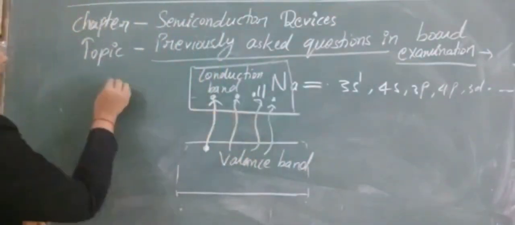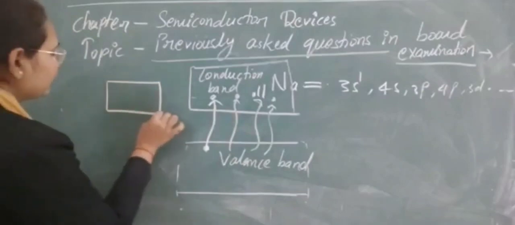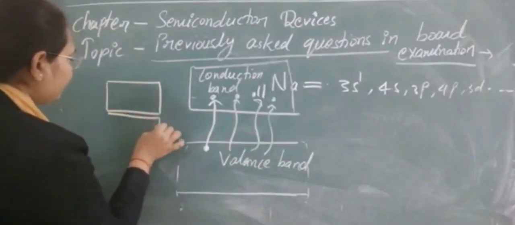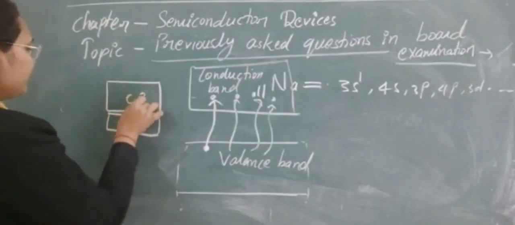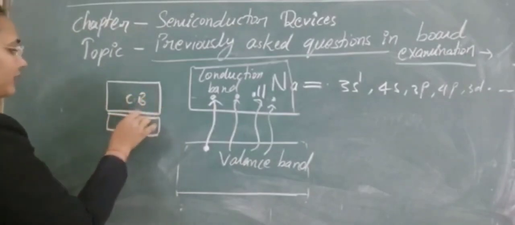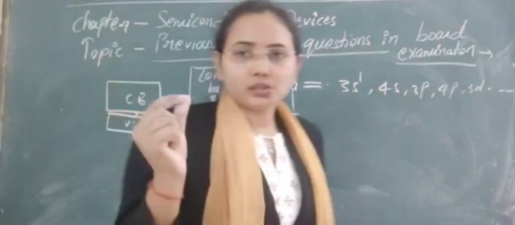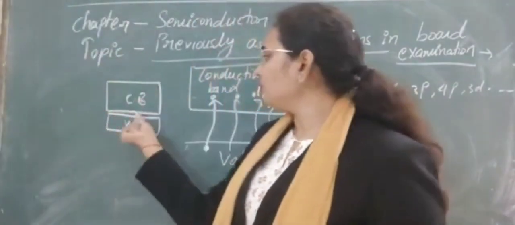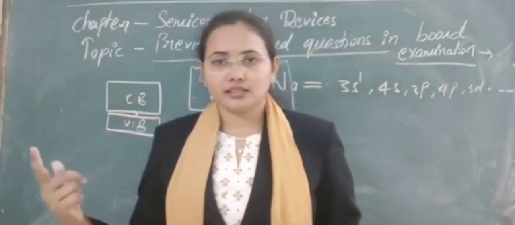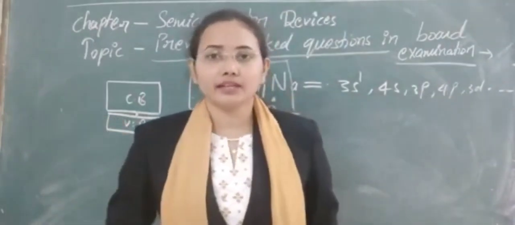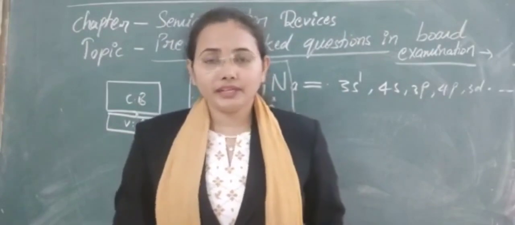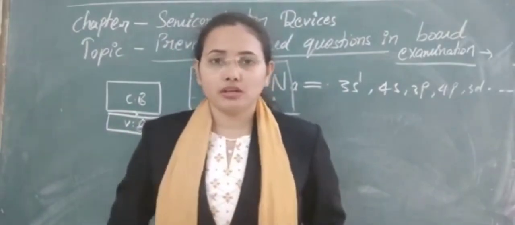So if we have to make this picture for the conductor, this is the valence band, this is the conduction band. This gap is very small, so the electron will need very small energy to go into the conduction band for conduction. Clear? So the conductivity of conductors is very high and their forbidden energy band gap is very small.